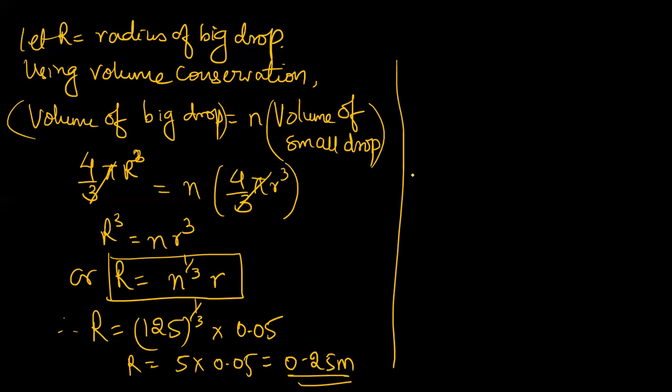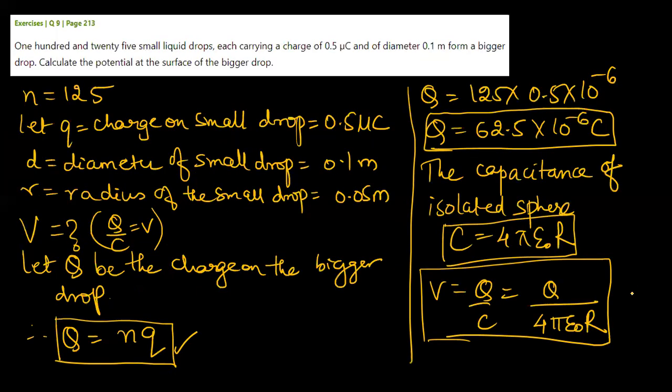So now let us substitute the value in equation 1. Let us call this equation 1: V equal to Q upon 4 pi epsilon naught R. Now I have Q value and R value.